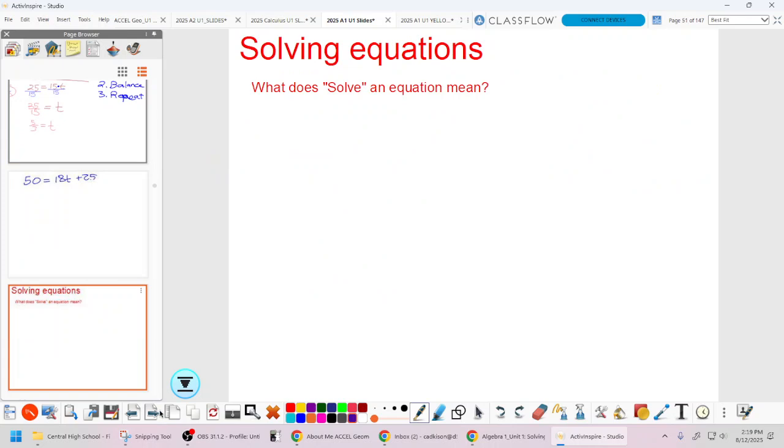What does solve mean? We just solved an equation. What does that even mean? Here's what I want you to do. I want you to think, what does solve an equation mean? And please don't say get an answer, because it's definitely deeper than that. I don't want any talking for 15 seconds.